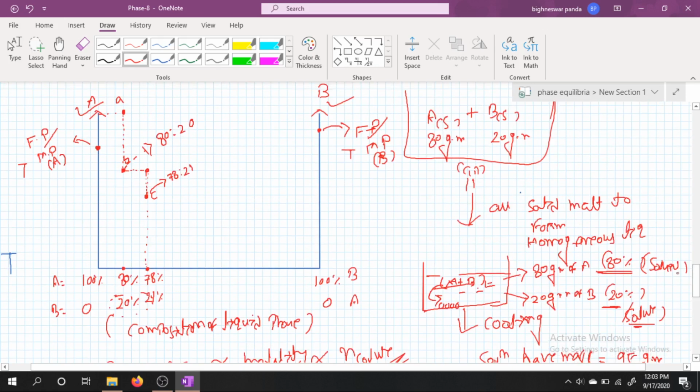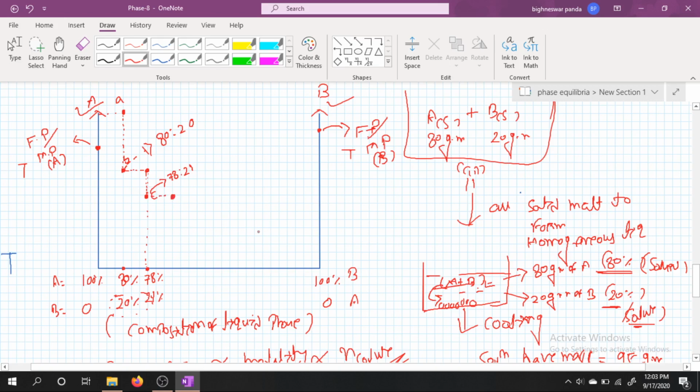Since at point C the composition again changes, because 5 gram of A is again converted into solid, the A plus B liquid phase composition again changes. This is the new composition.